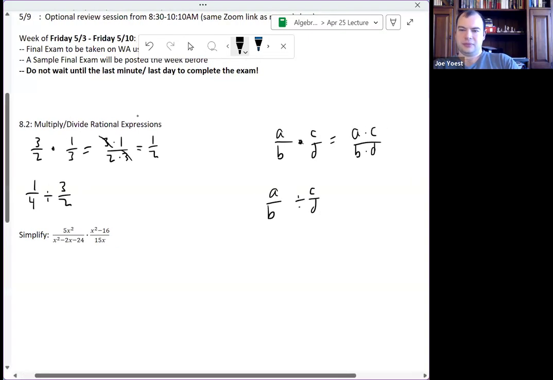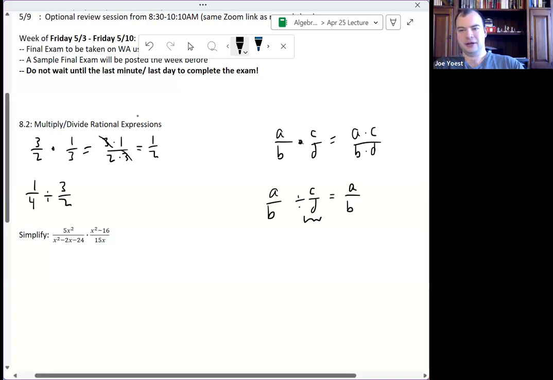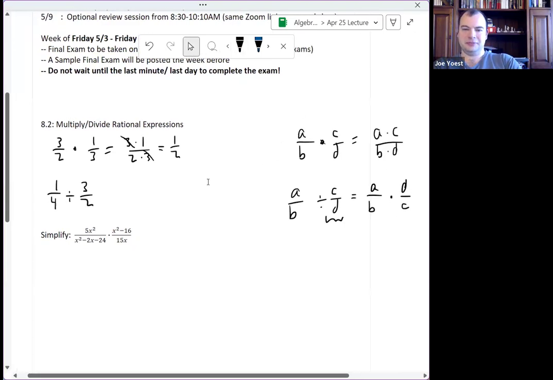Well, if I have one fraction divided by a second fraction, you might remember the little phrase "invert and multiply." That might ring a bell. I take my fraction that's after the divided by symbol, I invert it. Instead of c over d, I make it d over c. And then I change my division sign to a multiplication sign. And then, of course, I multiply as I did up above.